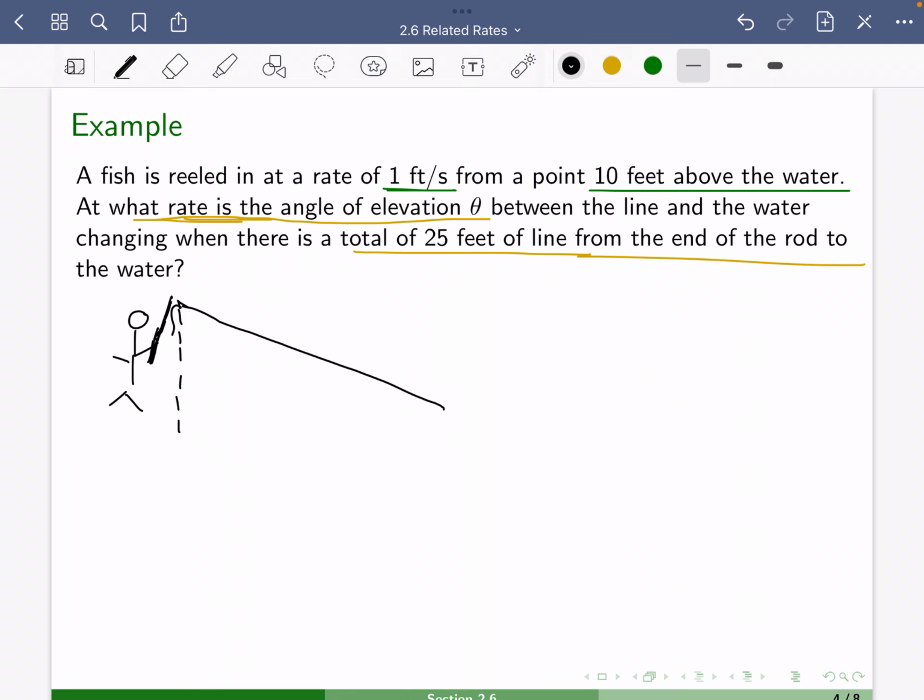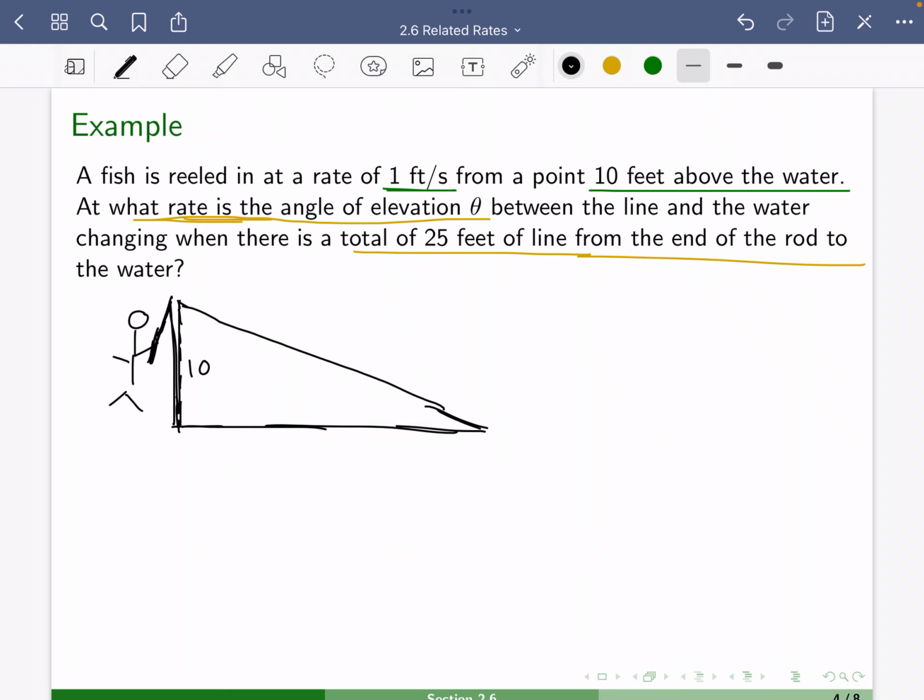This length right here is 10 feet above water. That value is not changing.